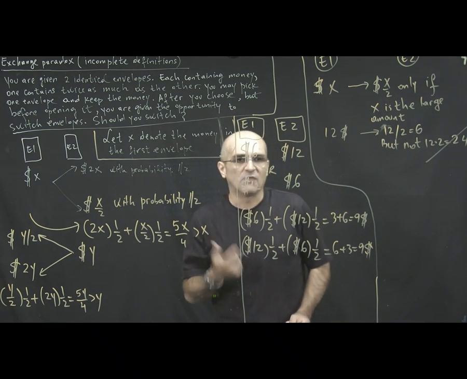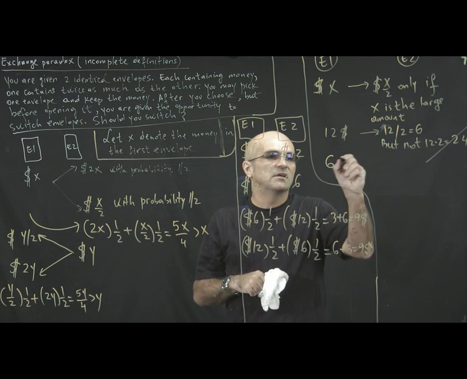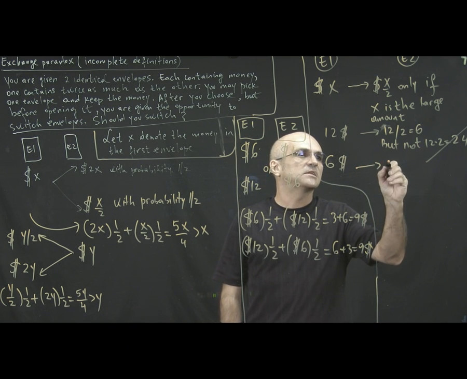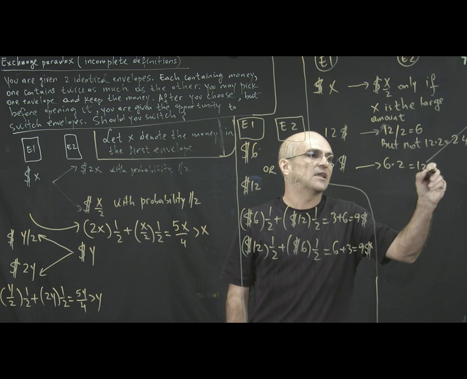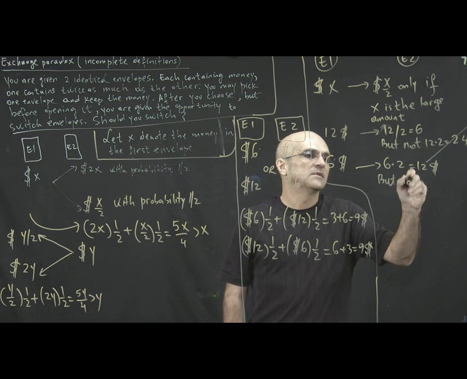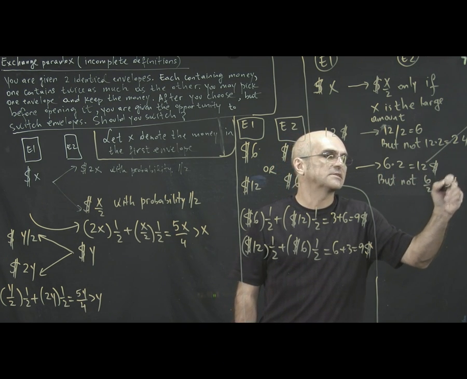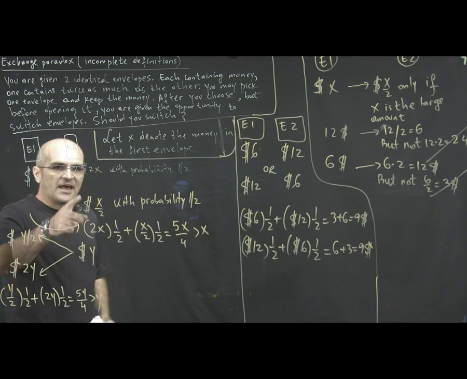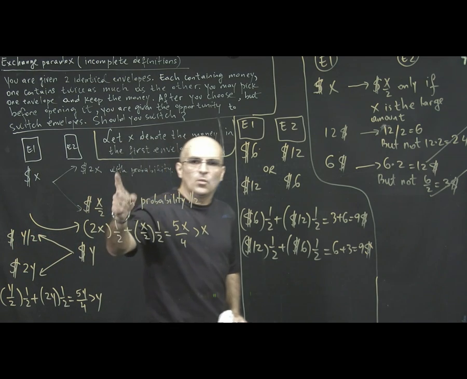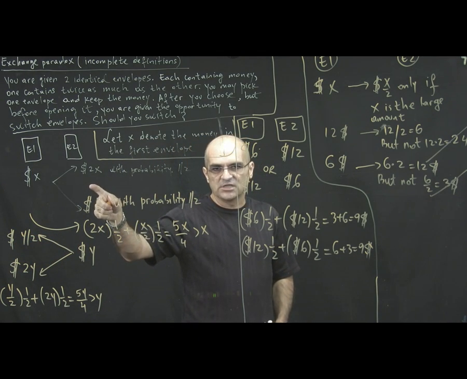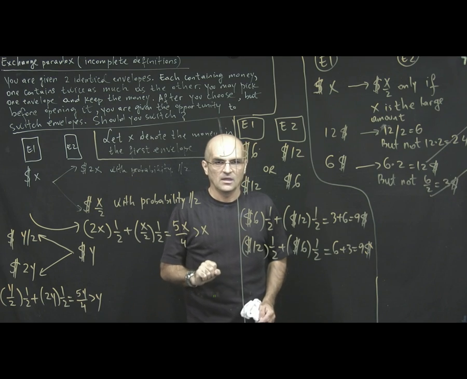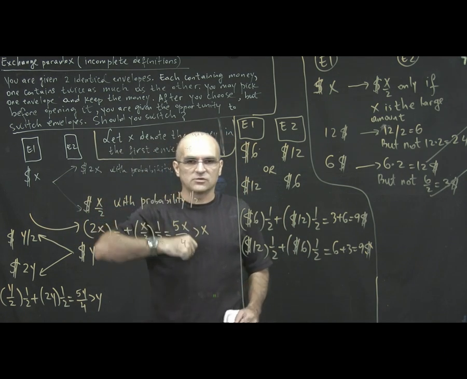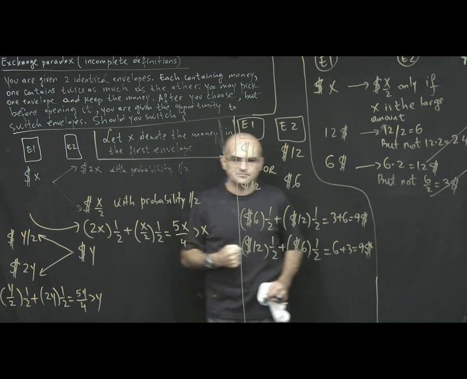By the same token, if x denotes the lower amount, then the second envelope can only contain 6 times 2, which is $12, but not 6 over 2, which would be $3. That's not a possible outcome. So with probability 1, the second envelope should contain either 2x or x over 2, but that forces you to make up your mind whether x denotes the large amount of money or the small amount of money.